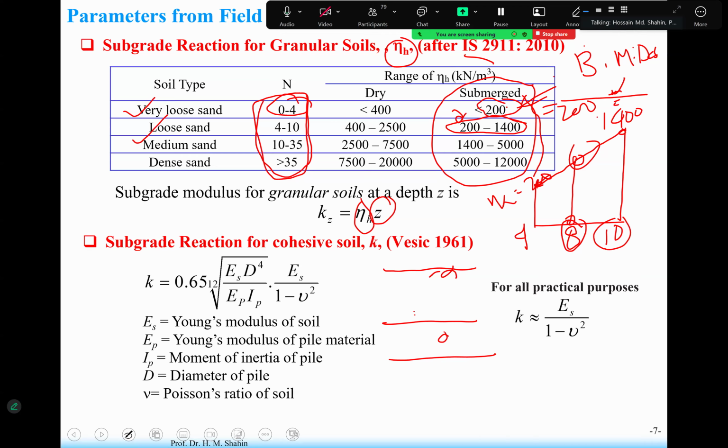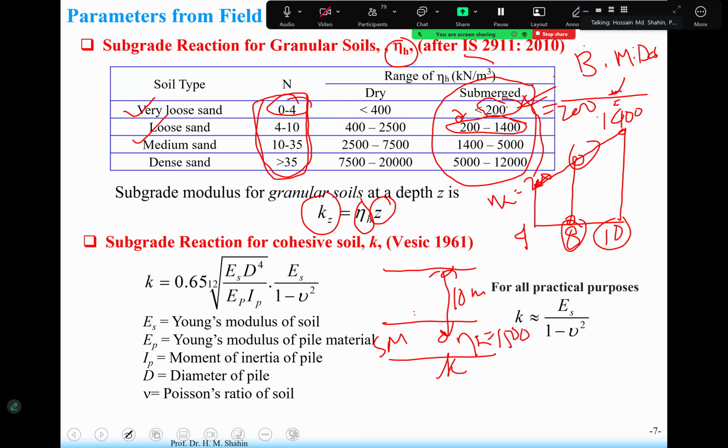Say the center of this layer is 10 meter, and you got NH, say, 1500.